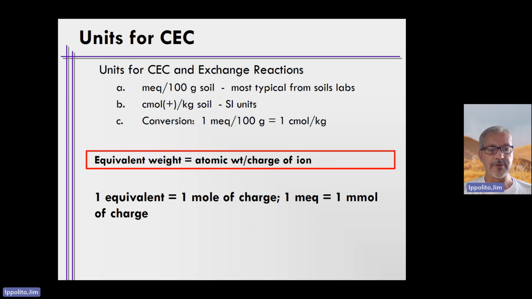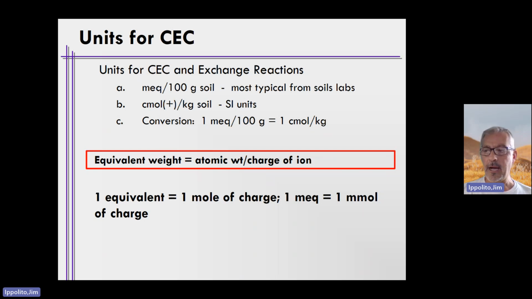So for example, hydrogen has a +1 charge, where calcium has a +2 charge. And so if a soil has a -2 charge, it's going to hold 1 calcium ion, or it can hold 2 hydrogen ions, right?